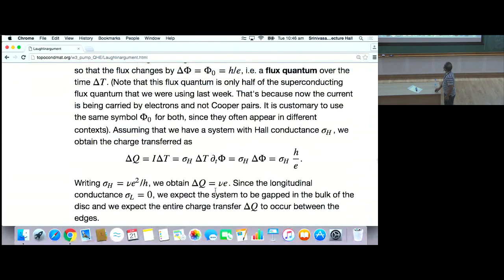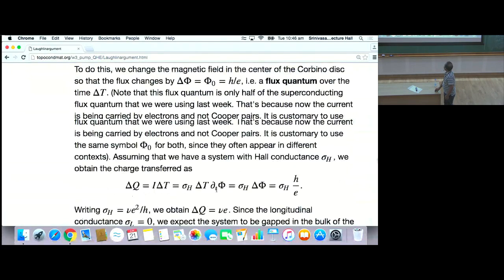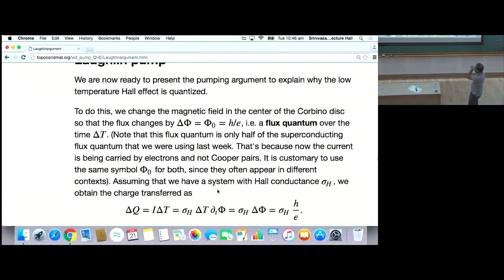And now we're almost ready to argue why things are quantized, because if you now think of one cycle of this flux, the flux changed by one flux quantum. The charge that was pumped was the current times delta T. Current, we just argued, was Hall conductance times d phi dt, which was the electric field.